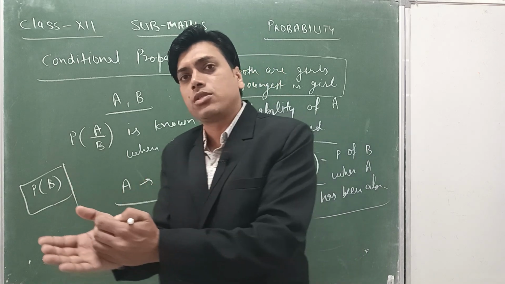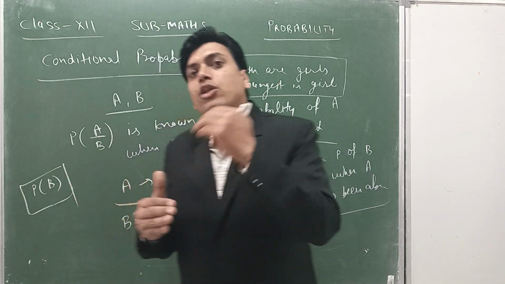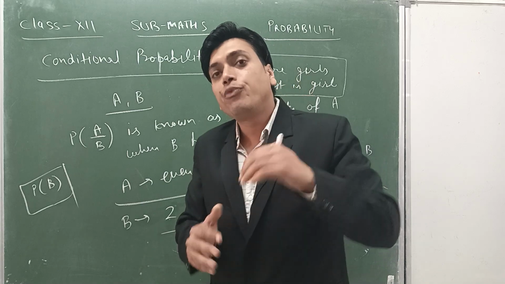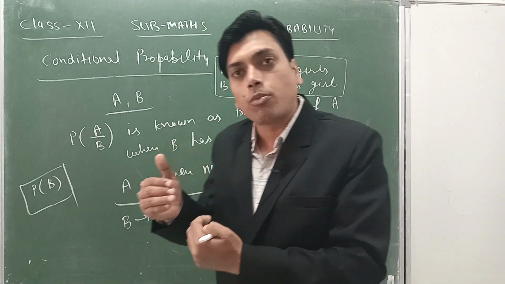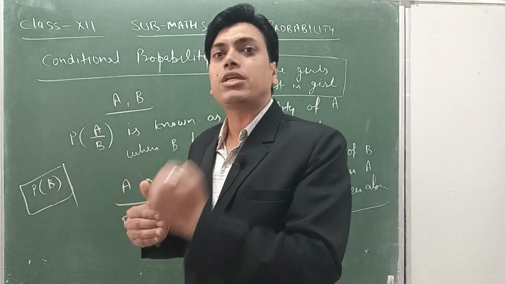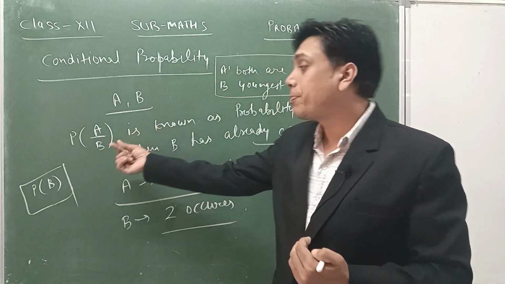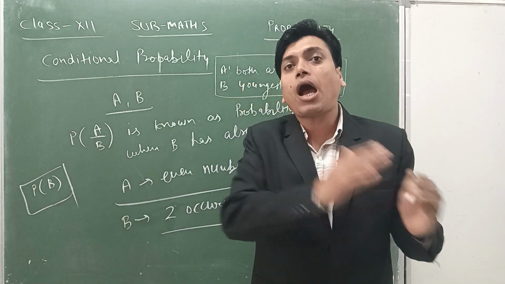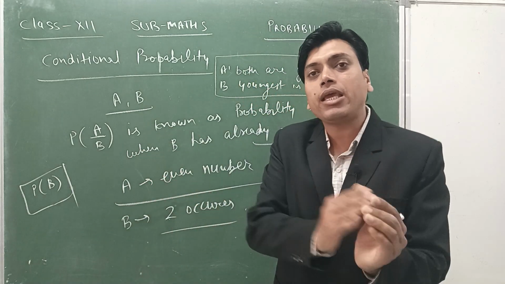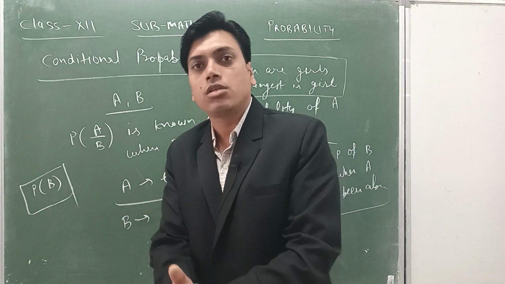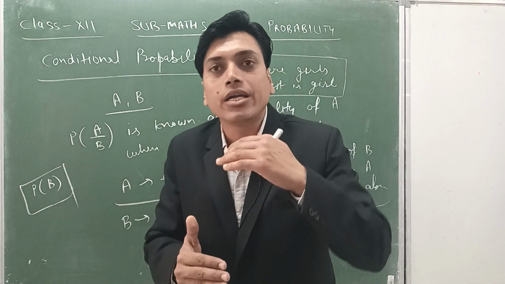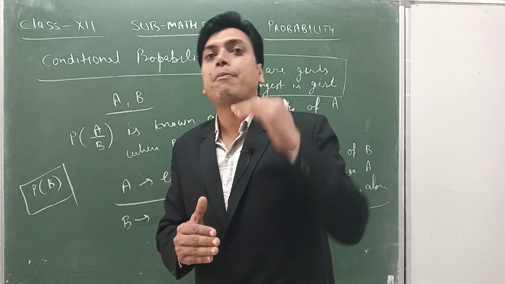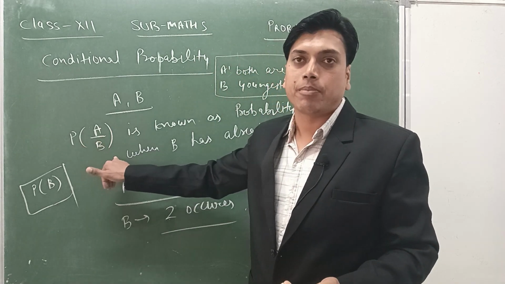The possible outcomes not included in B, we are not to choose from them. We are to choose only from those elements which are already in B. So B has occurred, so A out of B, it means A after B. This practical problem is known as conditional probability, which is denoted by A by B.